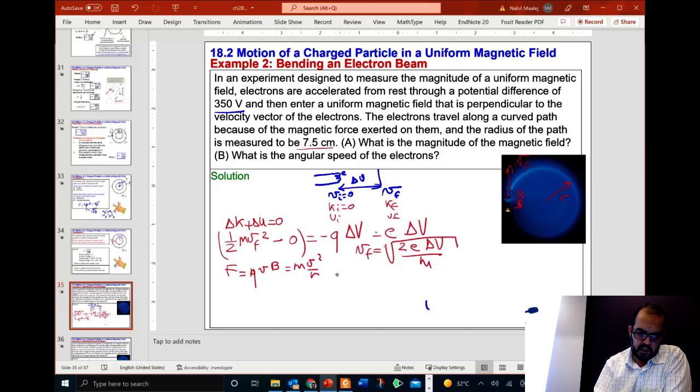So we can get B. The v squared, the square will cancel. It's going to be m v over q r.